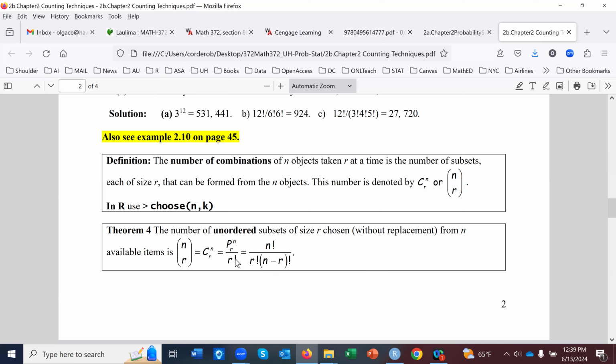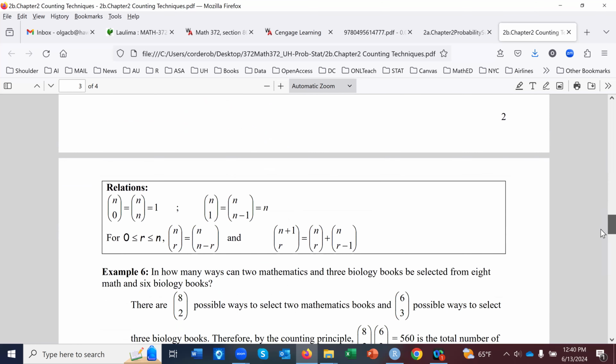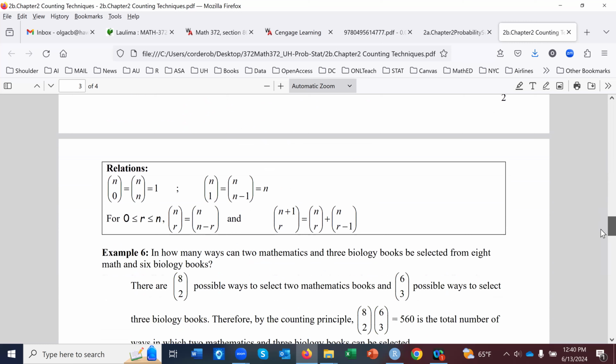It turns out to be similar to the number of permutations, but I divide by r factorial, so it's going to be less. These are relations you can easily show: n choose 0 equals n choose n equals 1. That's typical. And n choose 1 is the same thing as n choose n minus 1, which is n.